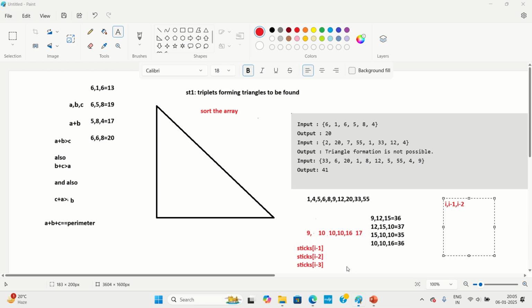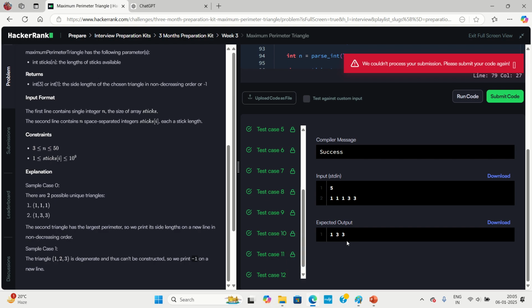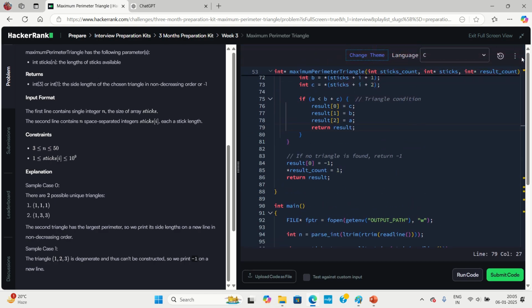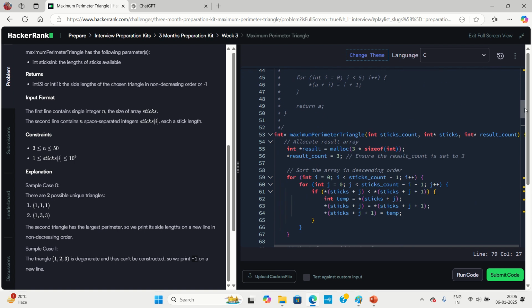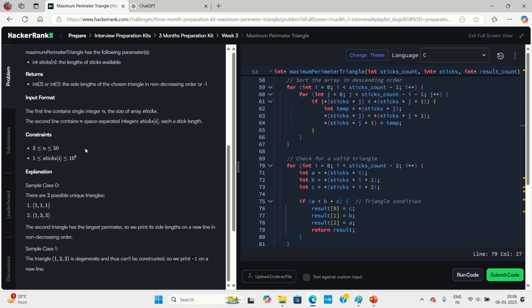So in this debugging you need to actually think about the problem, and you need to think about what you are doing. Then if you know what you are doing, definitely you will be able to find how to do it. Because here, sorting was the logic. By sorting the array, we could do it in one pass only. Now, you may say that sorting takes big O of n square time complexity. Here n was less than 50, so we used bubble sort.